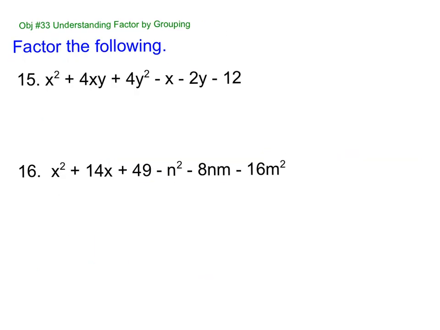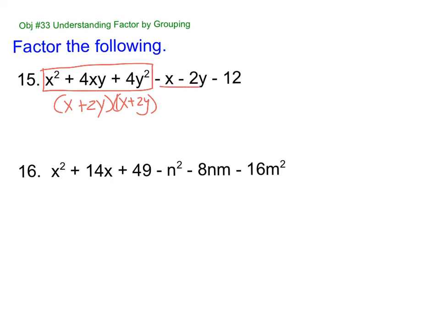Okay, last one. Pause, see if you can figure this out. I do agree that these are tricky because they're all very different. You kind of have to look for patterns. So for this one, I saw that and I said, oh, that's x plus 2y times x plus 2y.